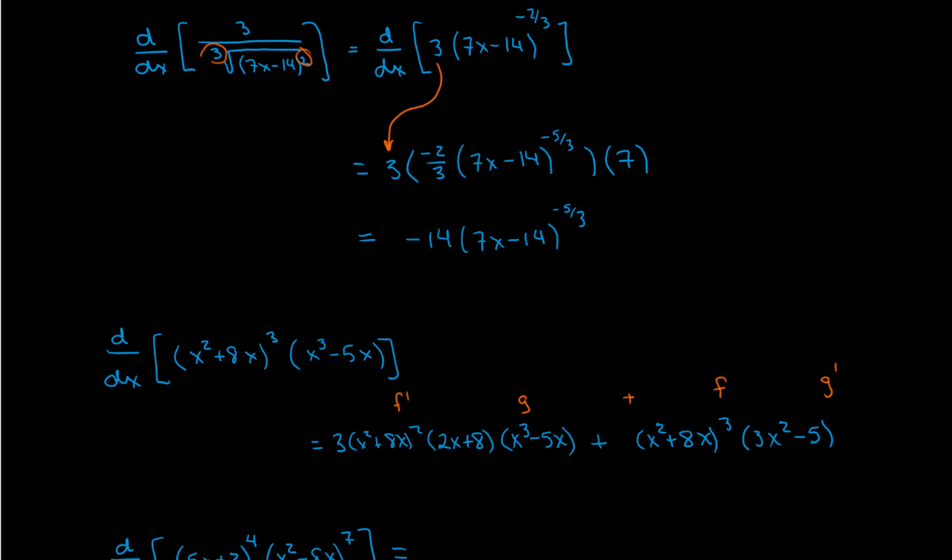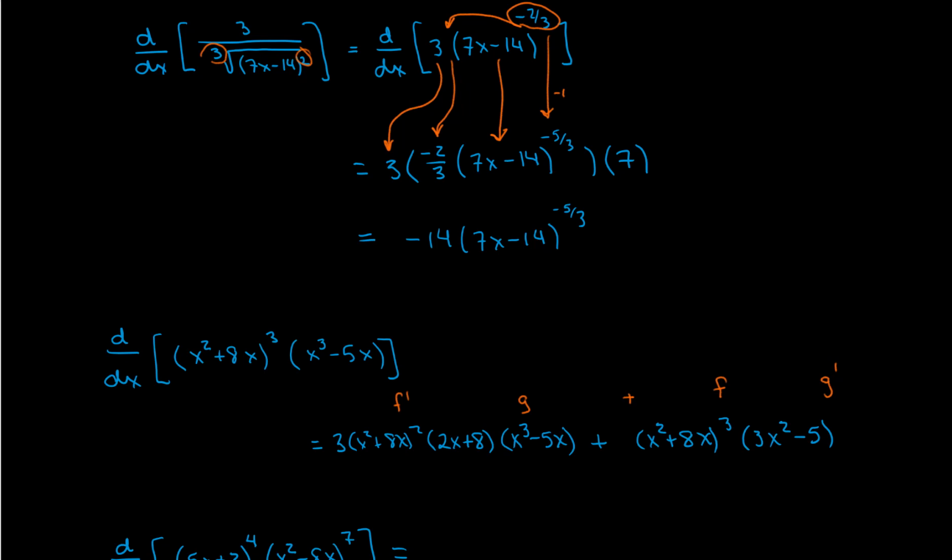In the process of leaving the 7x minus 14 alone, I'm just going to write that down. Then I'm going to take this exponent, bring it out front. Aha, there it is. It's now a coefficient. Then I'm going to subtract 1 from the exponent. And when I subtract 1, I get a minus 5/3. Okay, all kinds of good stuff going on there.